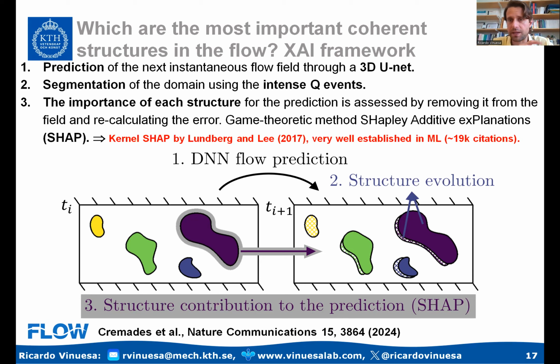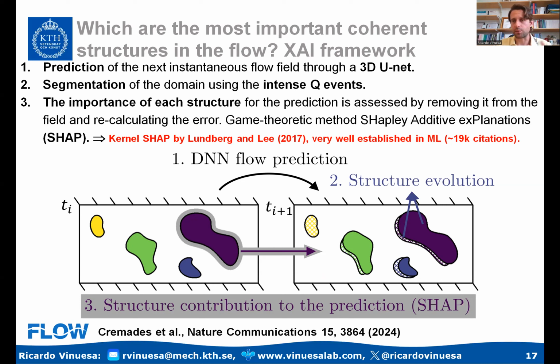The method based on explainable deep learning has 3 steps. In the first step, we use a three-dimensional U-net, which is a computer vision tool, to predict, given the current state of the flow, the future state of the flow. Then we segment the input field, and we look at the Q events there.